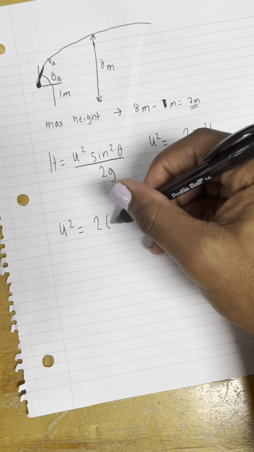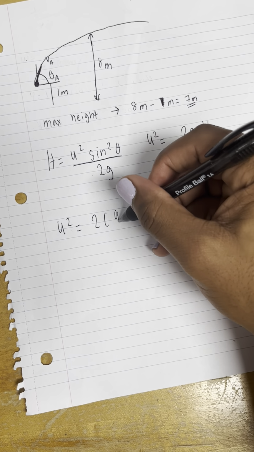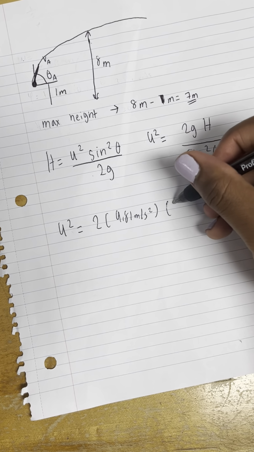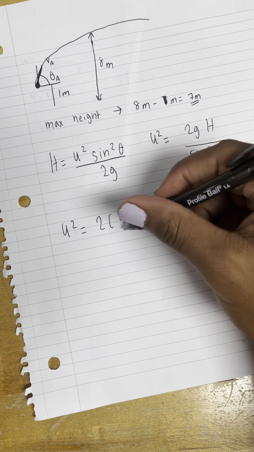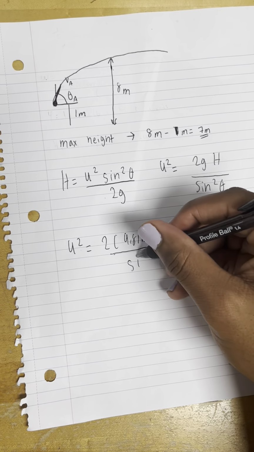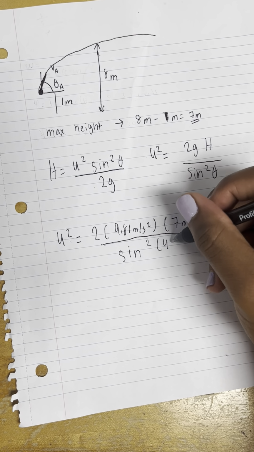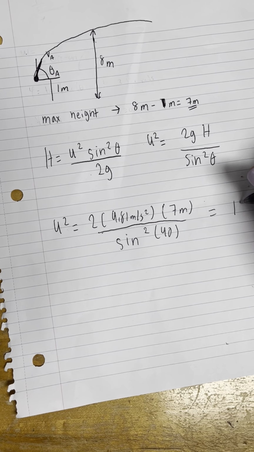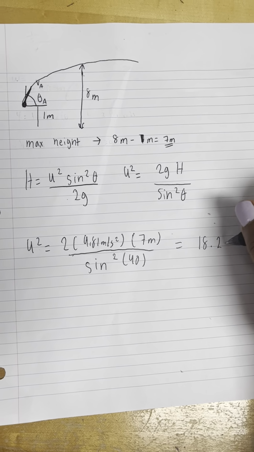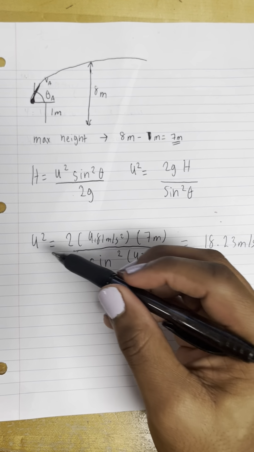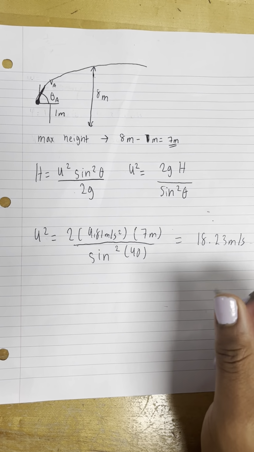So 2, then we have gravity, which is 9.81 meters per second squared, we have the 7 meters, and then we have sine squared 40, which is equal to 18.23 meters per second. Remember, you had to do the u squared, and this is what it is after that.